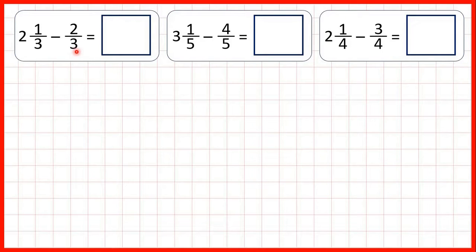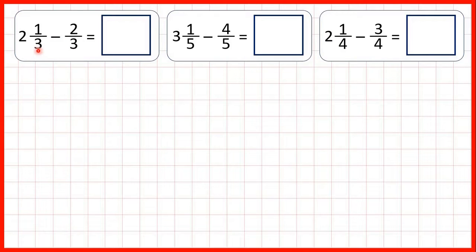Now we're subtracting a fraction from a mixed number, but this time we're going to get our answer by changing the mixed number into an improper fraction. So first we have 2 and 1/3, and we need to subtract 2/3.